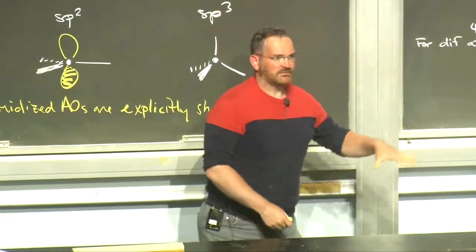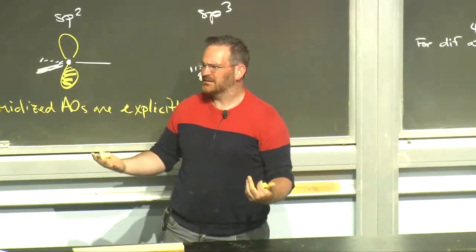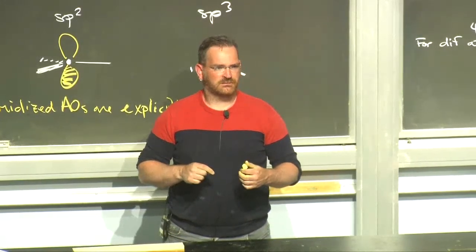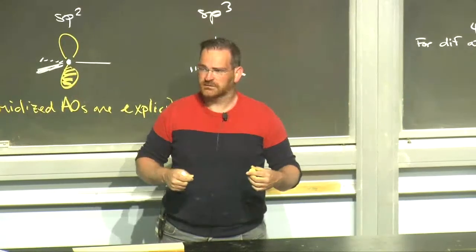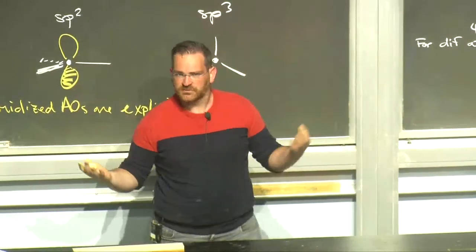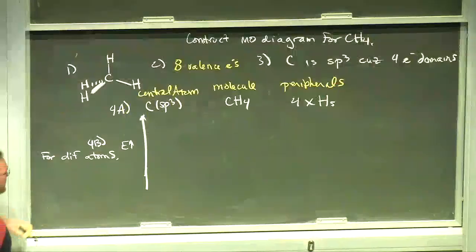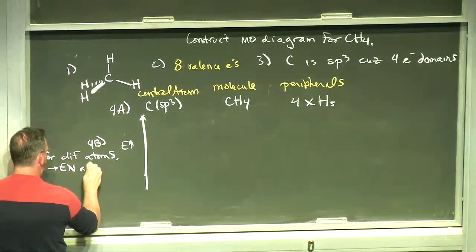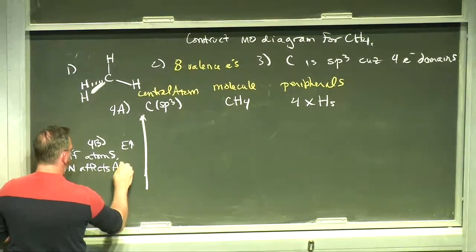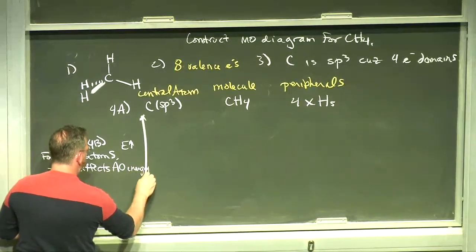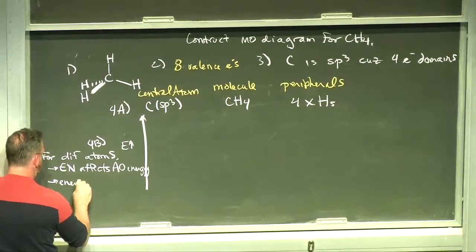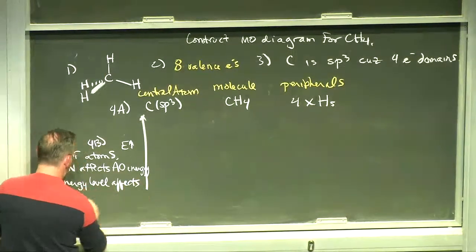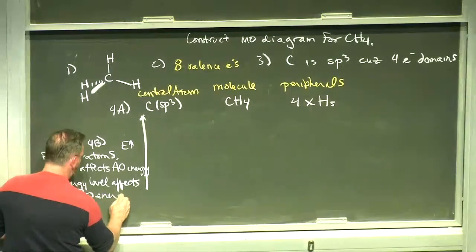When you have different atoms, we're going to have to make some house rules. You cool with house rules? I mean, you have to be. They're already all house rules anyway. We got 6 house rules. What's a couple more? So for different atoms, the things that matter: electronegativity affects AO energy, and energy level affects AO energy.